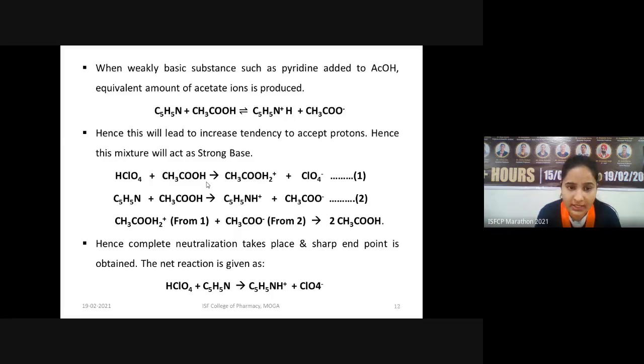Now we can see that we have got onium ion from equation 1, we have got an acetate ion from equation 2.